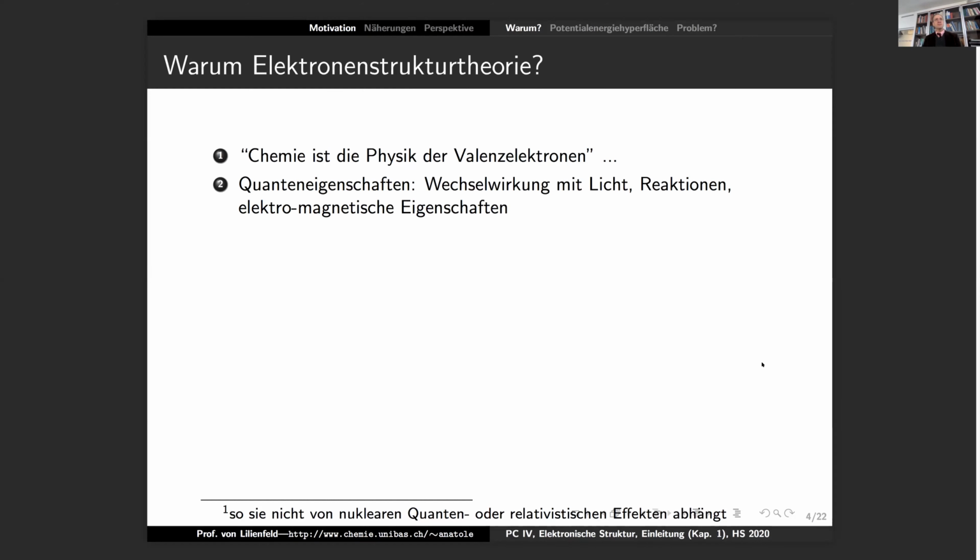Now, you know that the electrons are quantum particles, and then there are quantum properties, right? So if you observe the color of some compound, when light interacts with compounds, that's a quantum effect, right?